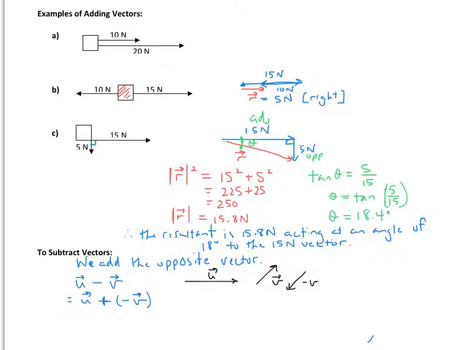So that one is now negative v. And so when I add this together, I'm going to pick that up, add it still head to tail. So there's my negative v. And then my resultant vector is still the tail of the first to the head of the last. So there's my resultant vector. So it's just adding, you just have to remember to turn whatever you're subtracting into the opposite direction.